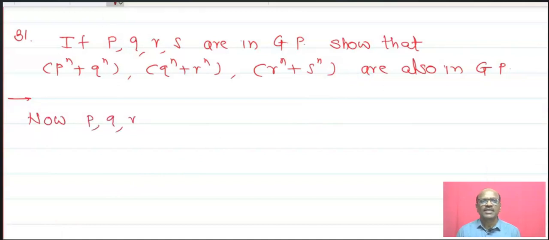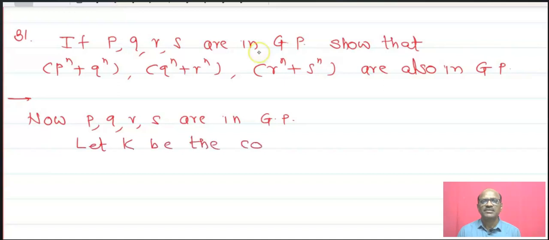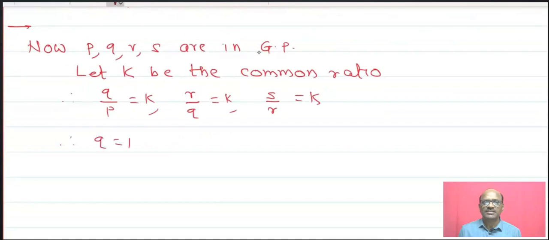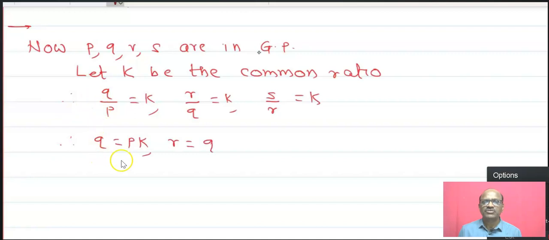Now, p, q, r, s are in GP. Let k be the common ratio. Therefore, q upon p is equal to k, r upon q is equal to k, s upon r is equal to k. Therefore, q is equal to pk, r is equal to qk, and s is equal to rk.